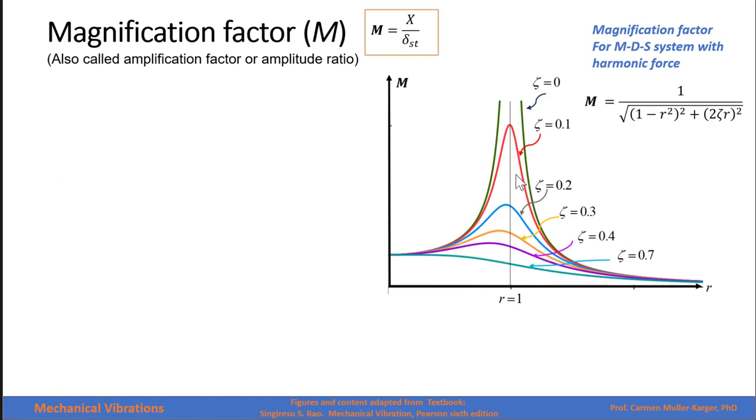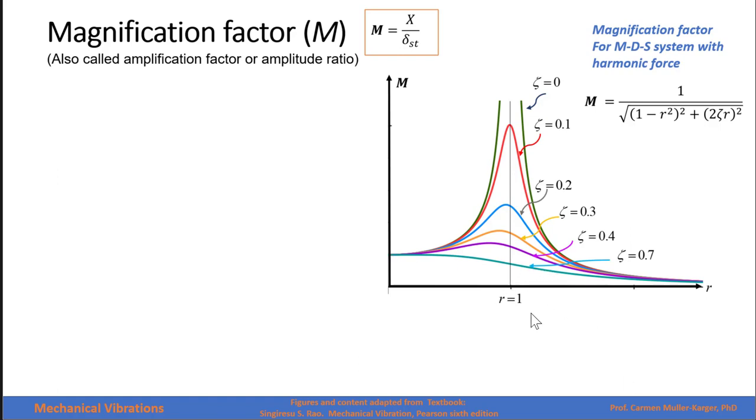As you see, every single curve for zeta 0.1, 0.2, 0.3, 0.4 is less than the green one, which is zeta equal to 0. For frequencies equal to 0, it means that the force will be only a constant force. The magnification factor becomes 1.